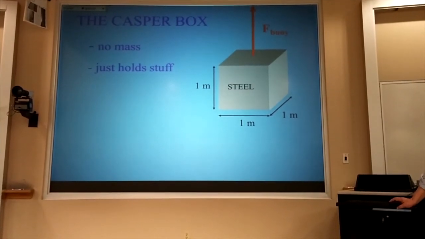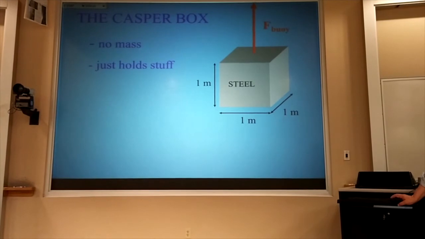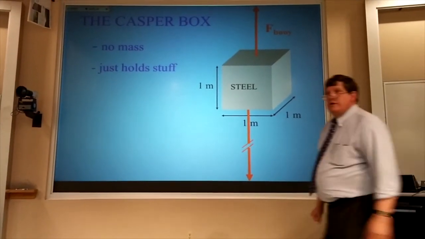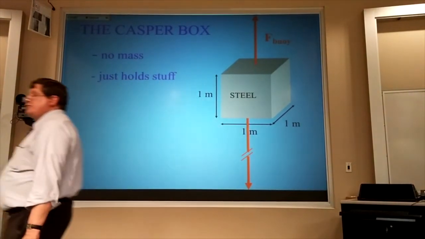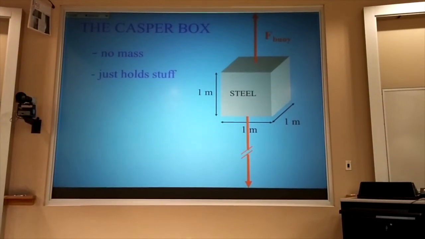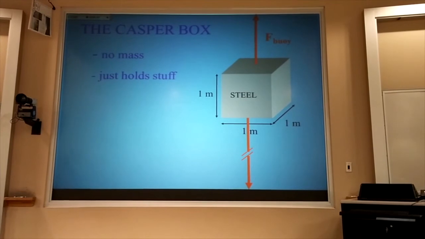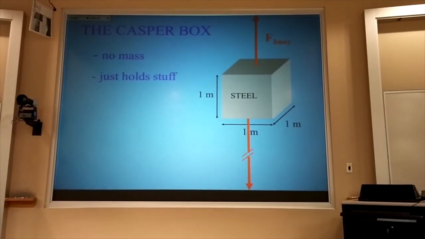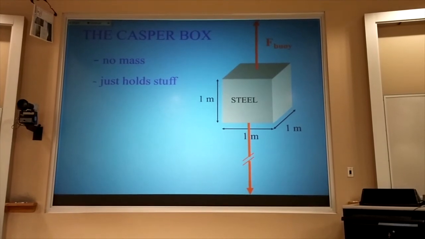What if I put steel in that box? Well, if I put steel in that box, I'm going to have a much bigger force, weight force, than 10,000 newtons. Turn to Nimrod, your neighbor, and explain why that would be more than 10,000, and use the word density.